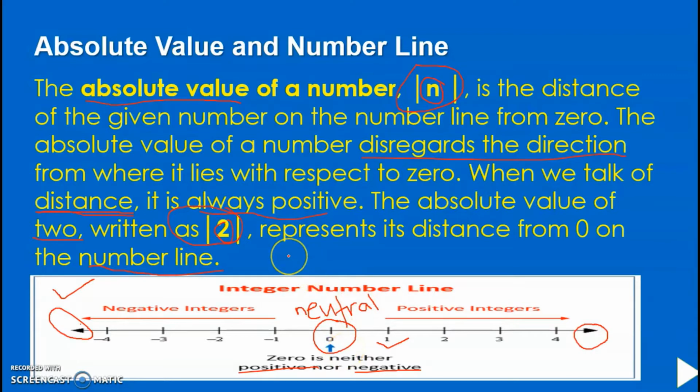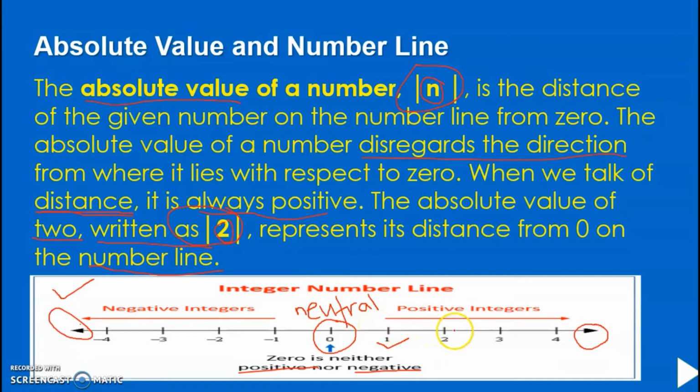In the first example above, the absolute value of 2 is written like this. How can we show that the absolute value of 2 is linked with, or defined by, distance?